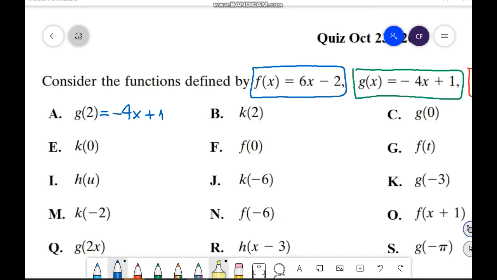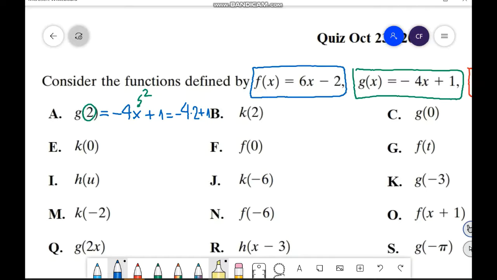This is the quiz for today, and let's work out the first question letter A. The function here is g of x equals negative 4x plus 1. So write down here, the function is negative 4x plus 1. We will plug in x equals 2. Plug in here x equals 2. And then you're going to find negative 4 times 2 plus 1.